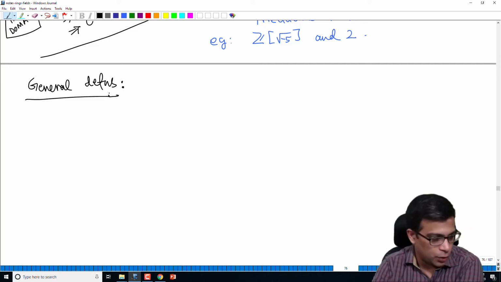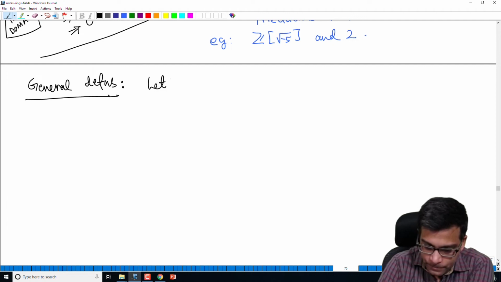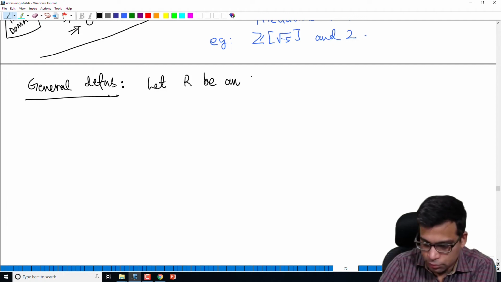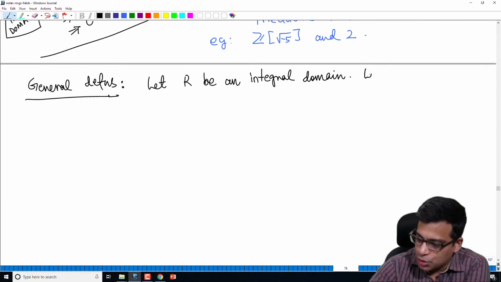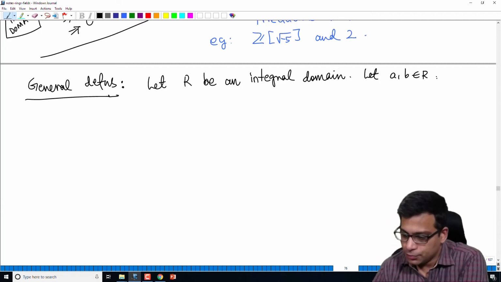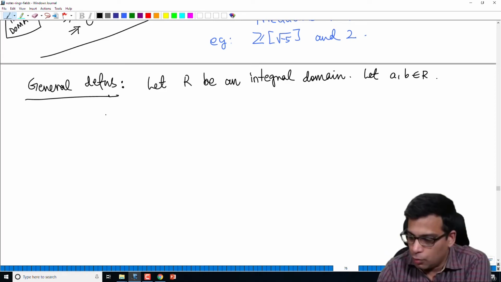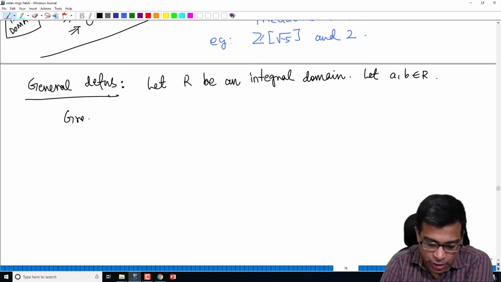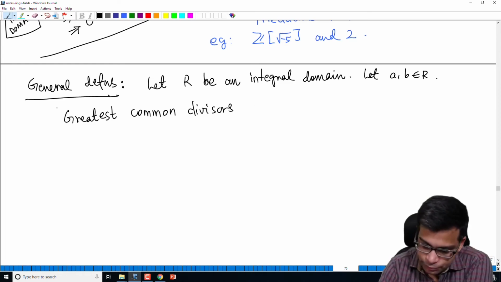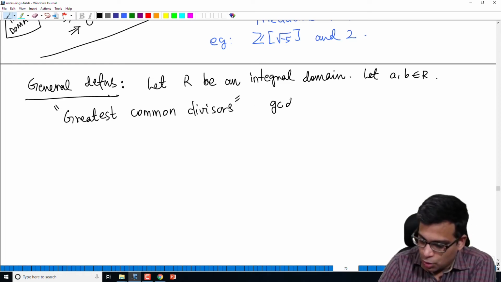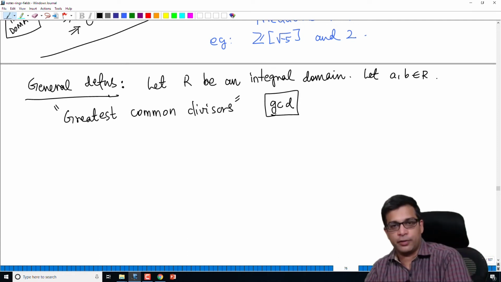General definitions are the following. Let R be an integral domain, and let us choose two elements A and B in R. I want to talk about greatest common divisor, short form GCD, that you all are familiar with from high school, right?